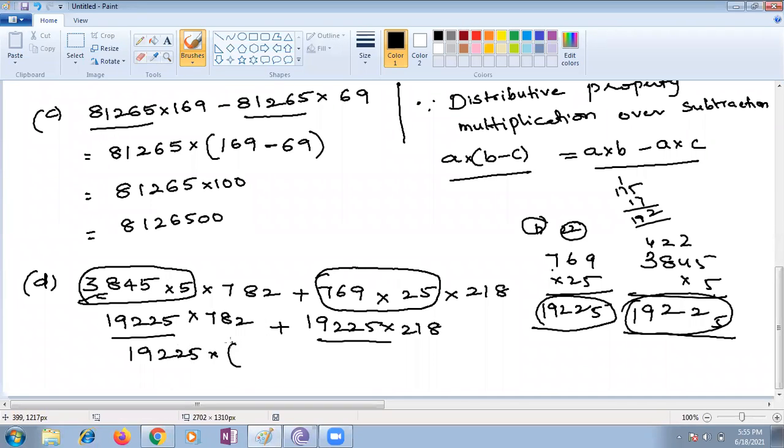You can use a bracket. Who are the children? 782 and 218. If you combine both, what will you get? 1,000. Exactly. So this is 19,225 multiplied with 1,000, which is 19,225,000. That is 1 crore 92 lakhs 25,000.